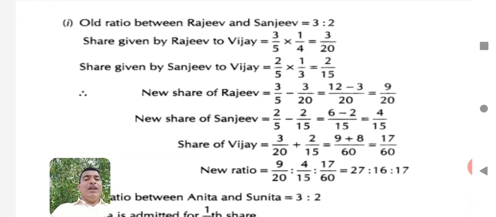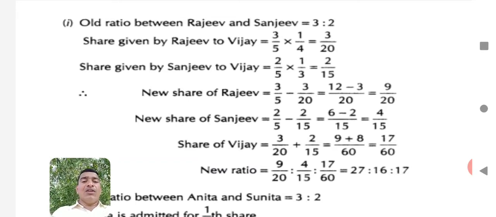that will be 2/15. So the new share of Rajiv will be 3/5 minus his contribution, that is 9/20. The new share of Sanjeev will be 2/5 minus his contribution, that will be 4/15. So the share of Vijay will be 3/20 plus 2/15, that will be 17/60.